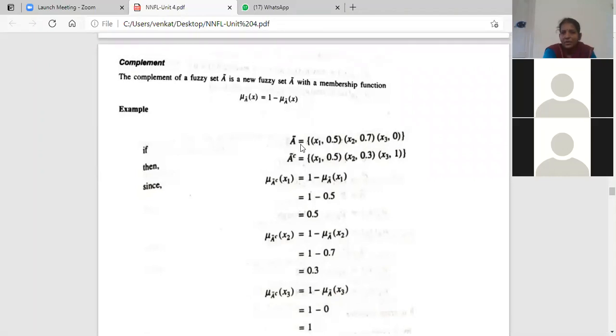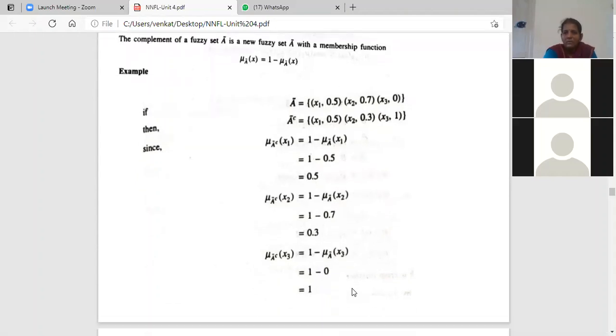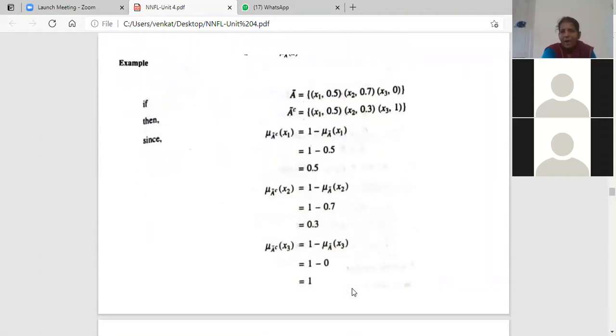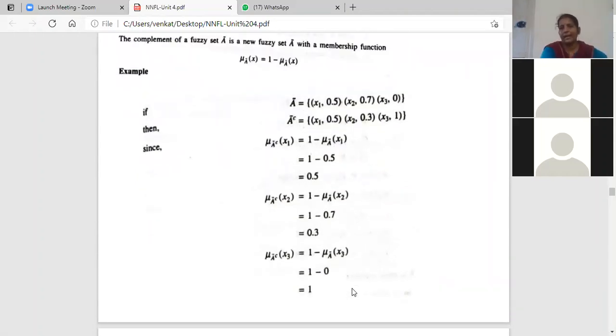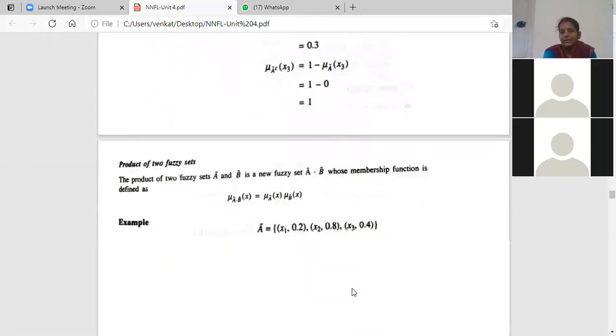So 1 minus 0.5, 1 minus 0.7, 1 minus 0. So your complement of A will be x1 comma 0.5, x1 comma 0.3, x2 comma 0.3, x3 comma 1.